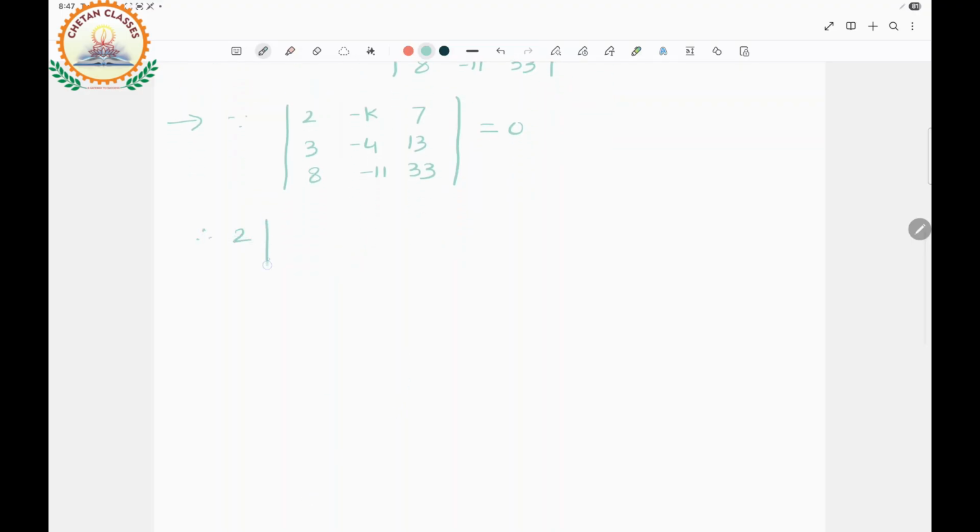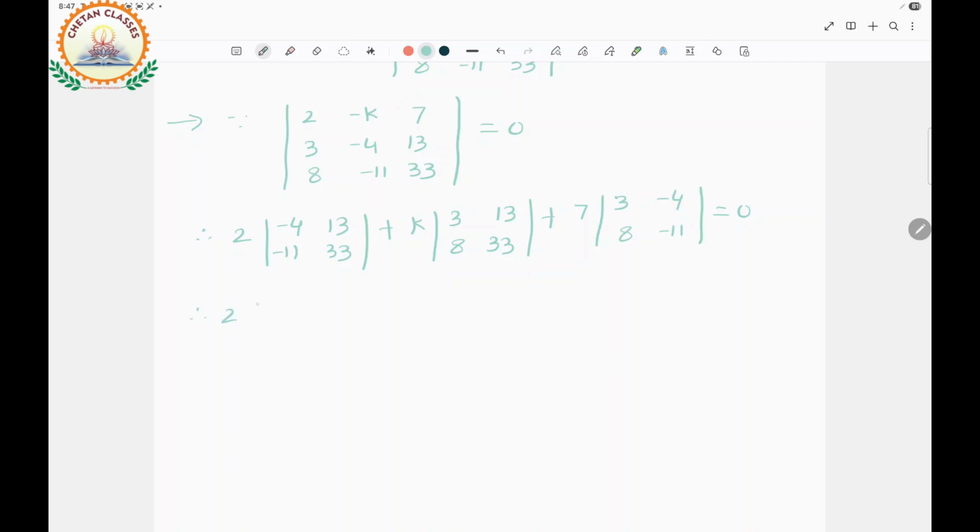So we get 2 into the determinant of minus 4 13 / minus 11 33, plus k into the determinant of 3 13 / 8 33, plus 7 into the determinant of 3 minus 4 / 8 minus 11, is equal to 0.